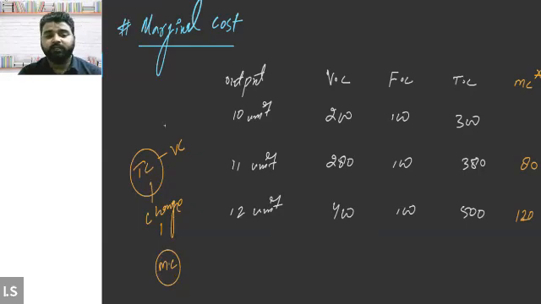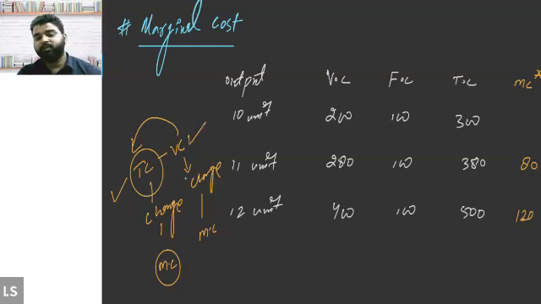So similarly, whatever change takes place in total cost is all because of variable cost. So can we also say that change arising in the variable cost will also indicate marginal cost? Because change in total cost is what the change in variable cost is.